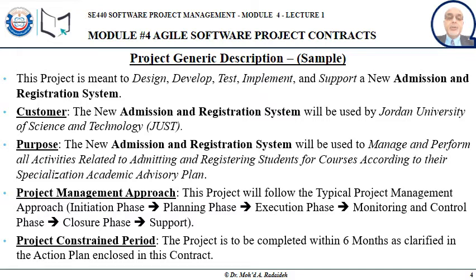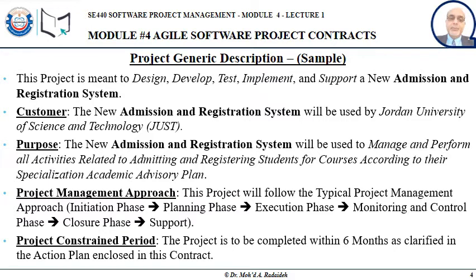Also, in the description, we mention the project management approach that will be followed to carry on the project. Here it says this project will follow the typical project management approach: initiation phase, then the planning phase, then execution phase, then monitoring and control phase, and last but not least, the closure phase.